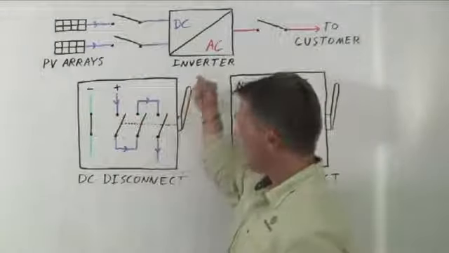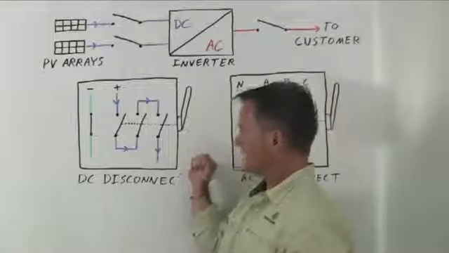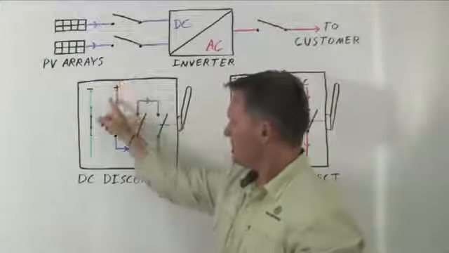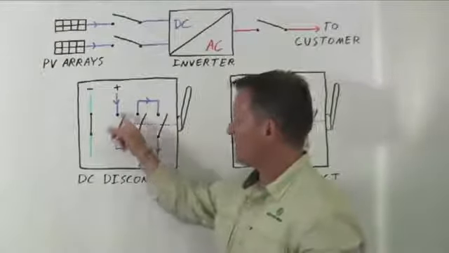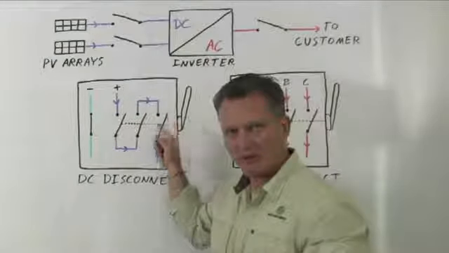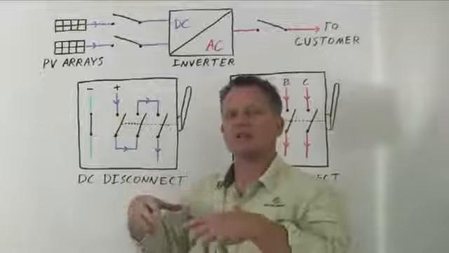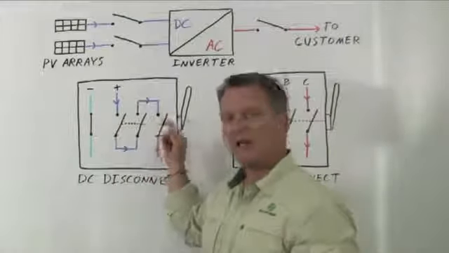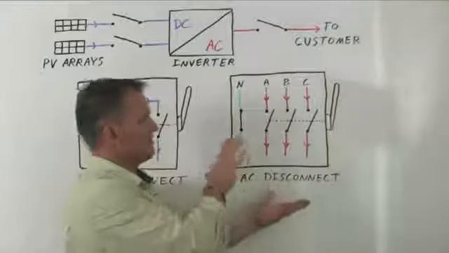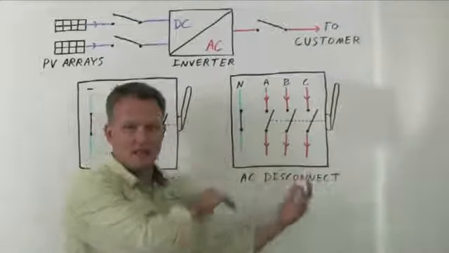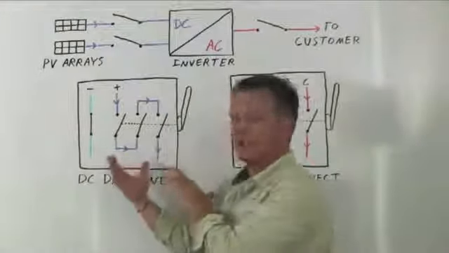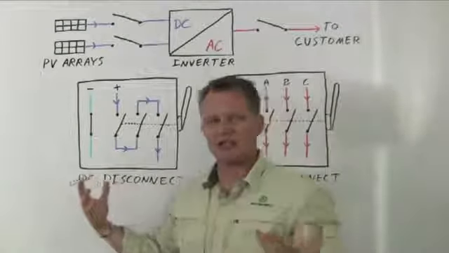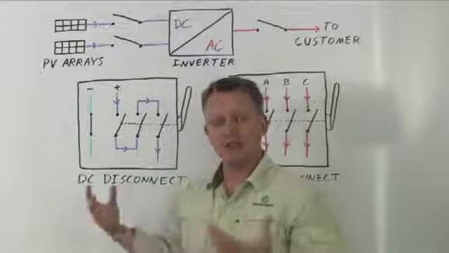So when you actually pull the handle on this disconnect, all three switches again open all at the same time, but you have a single circuit going through here, and you basically increase that air gap that's required to dissipate that arc by a factor of 3. This is how you can take a typical commercially available AC disconnect and use it in a DC disconnect application, and it still maintains its UL listings and still be safe.